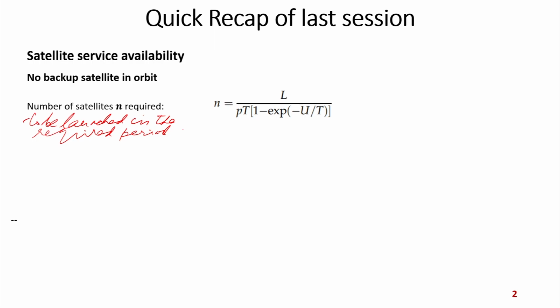Here, L is the required time, P is the probability of a launch success, T is the mean time to failure, and U is the maximum life of the satellite.